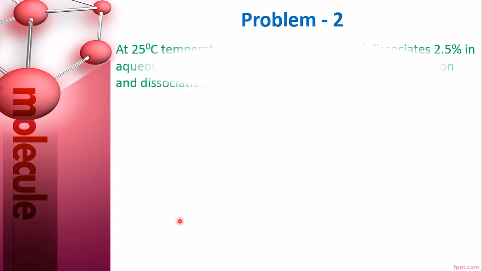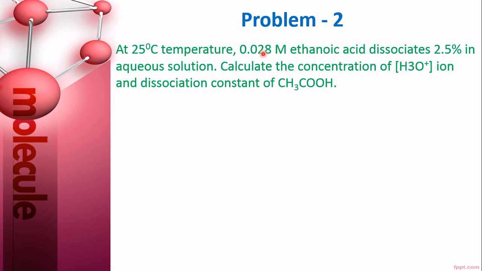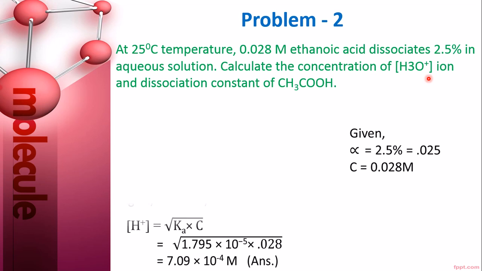Now, problem 2. At 25 degrees Celsius, 0.028 molar ethanoic acid dissociates 2.5% in aqueous solution. Calculate the concentration of hydronium ion and the dissociation constant of acetic acid. Look, the concentration of the acid and also the degree of dissociation are given. You have to find the value of Ka and also the hydronium ion. Given alpha equals 2.5%, that is 0.025, and C equals 0.028.